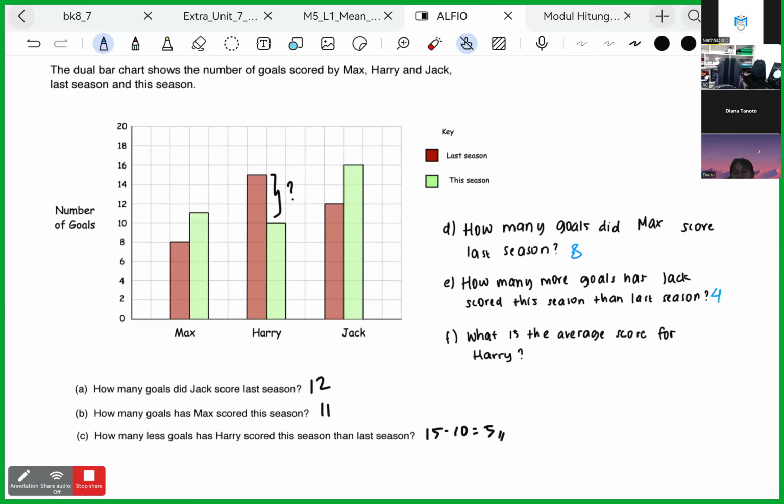Okay, F. For F, you need to search for the mean. So it's last season score plus this season score.